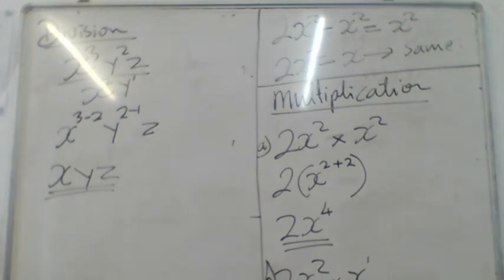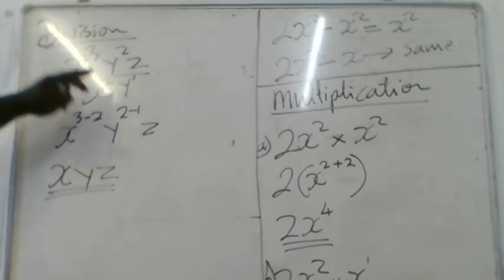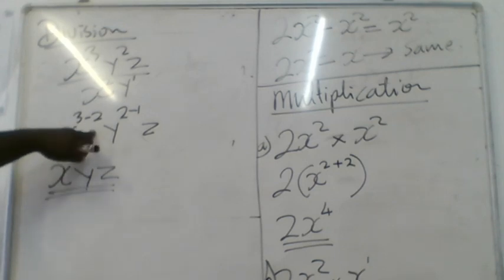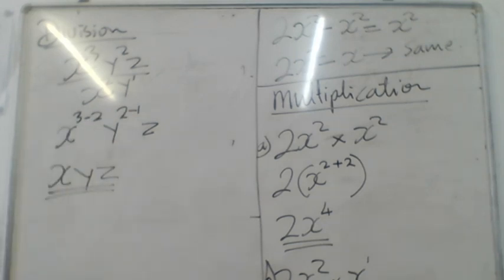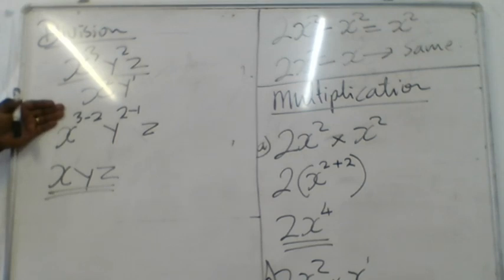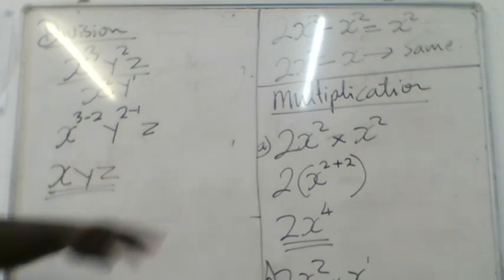For bases that are similar, you subtract their exponents. The top one is subtracted by the bottom. So the division, you subtract the index or the exponent. Meanwhile, in multiplication, you add the exponents.